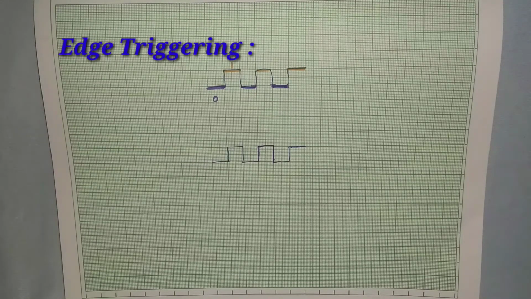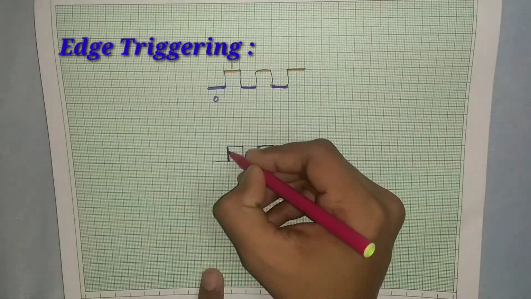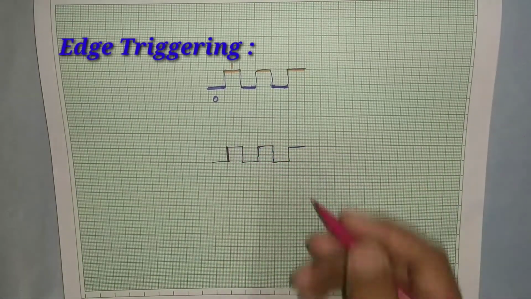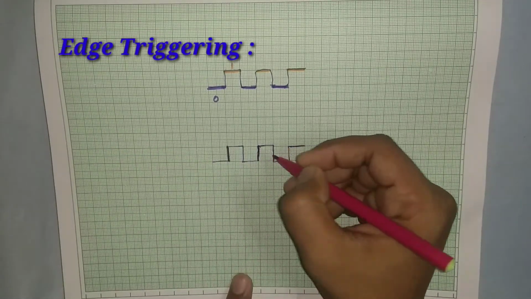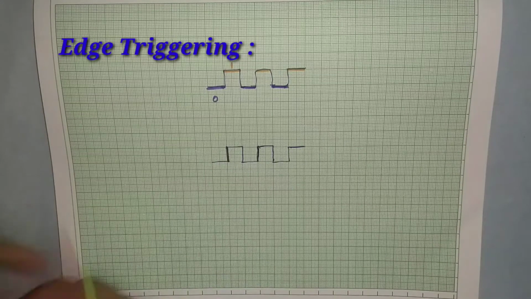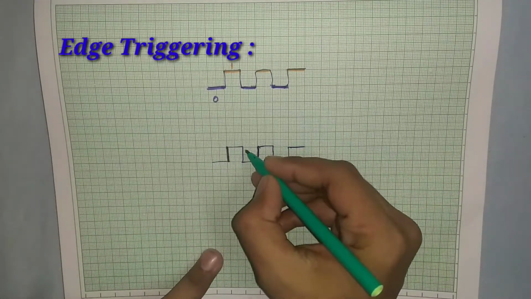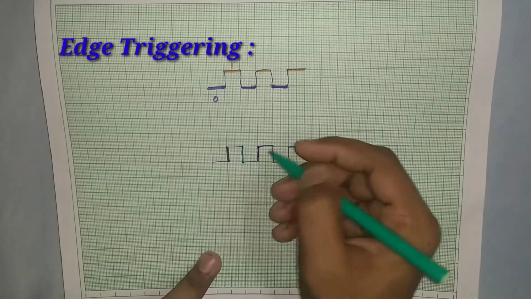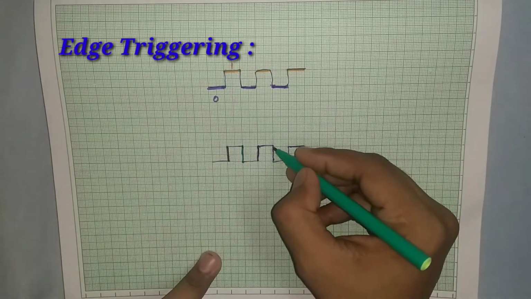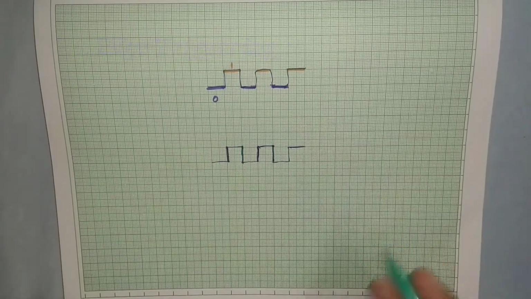The positive edge triggering, which occurs when the signal moves from 0 to 1, or from low to high, and the other one is negative edge triggering, which occurs when the signal moves from 1 to 0, or from high to low.